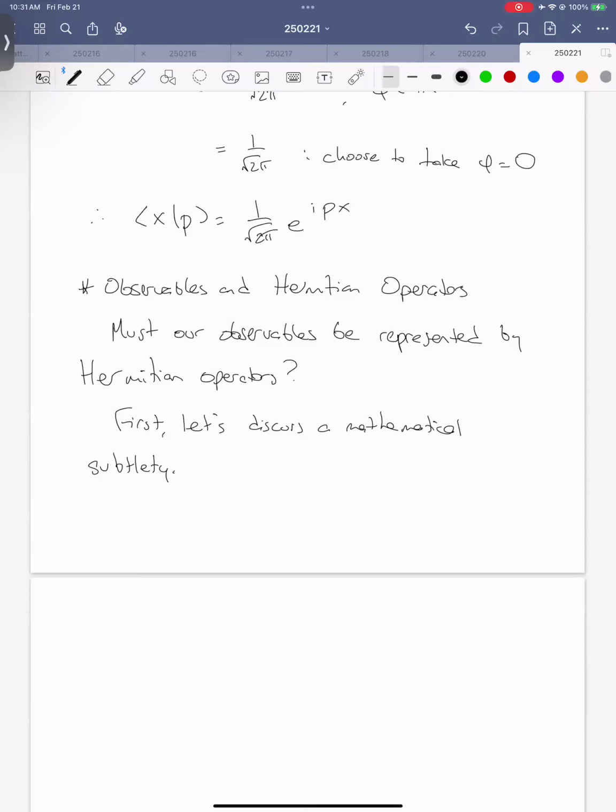Okay. So it's a subtlety related to infinite dimensional vector spaces.